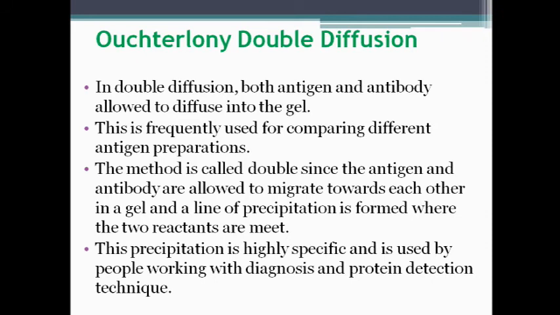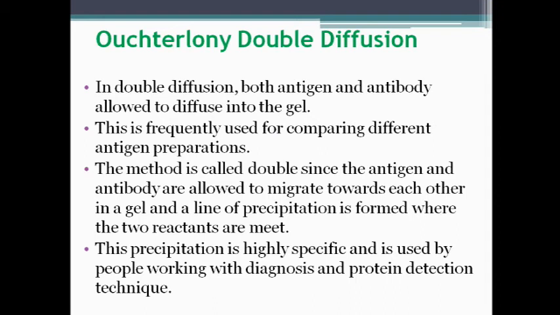Another type of immunodiffusion is double immunodiffusion, or Ouchterlony double diffusion. Why is it called double diffusion? Because both antigen and antibodies diffuse into the agarose gel.